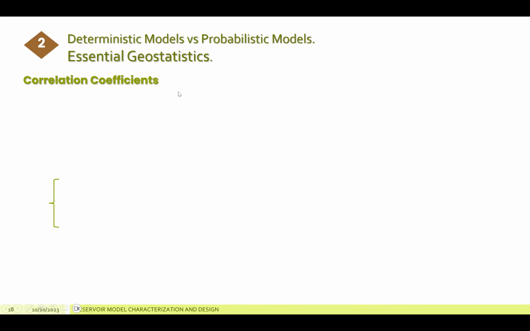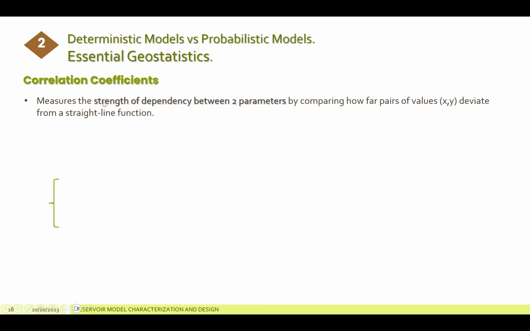Another important concept inside your model is correlation coefficients. This measures the strength of dependency between two parameters by comparing how far pairs of values deviate from the straight line function. This is the definition. You don't need to memorize definitions. The formula looks confusing and difficult, but it's not.